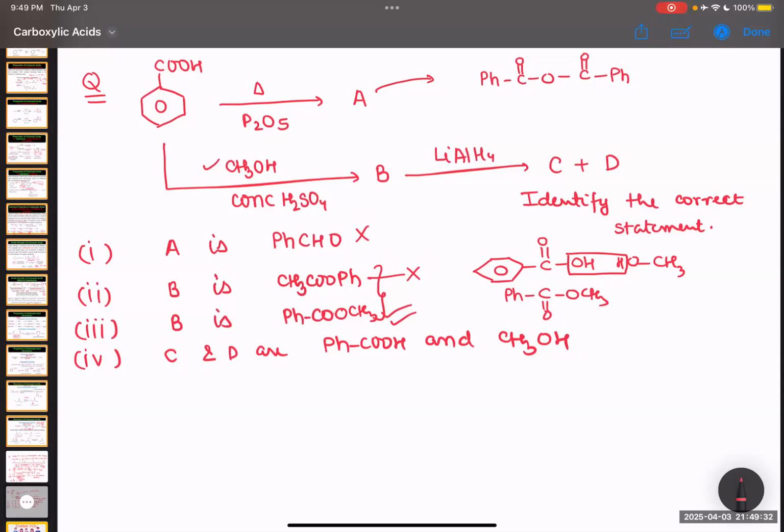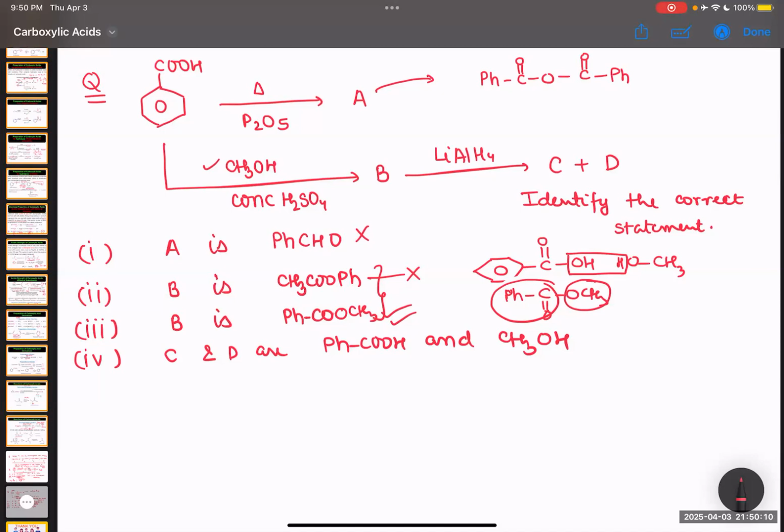What happens to an ester if you react it with LAH, lithium aluminum hydride? We discussed long back in alcohols, and in aldehydes and ketones also, this is a very strong reducing agent. It will reduce the ester to alcohol. Both parts, this one and this one, will get reduced and separate out as alcohols.